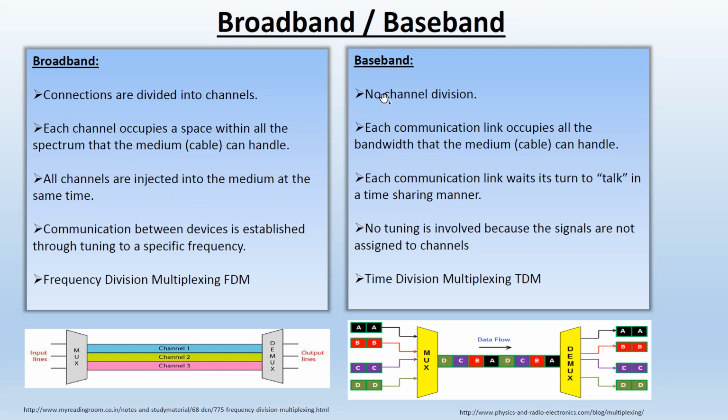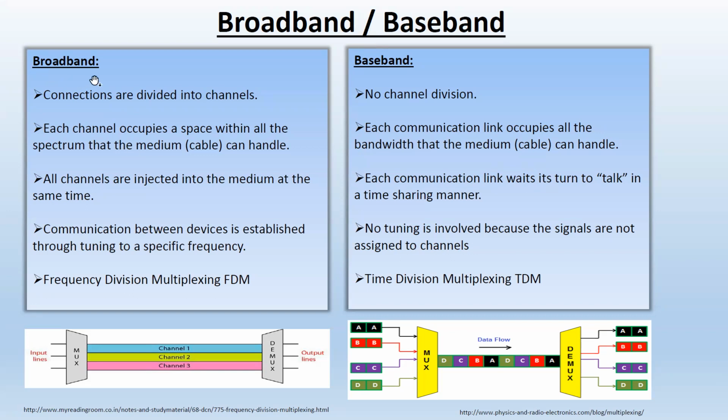So, broadband versus baseband. The best way to describe broadband is the radio frequencies in the air. They're all there at the same time. What your car stereo does, if you want to listen to the radio, your tuner tunes to a specific frequency, that one frequency that it wants to listen to from all the frequencies that are present at all times.